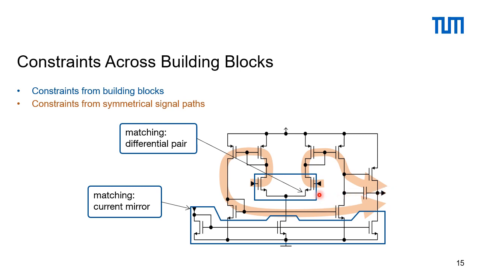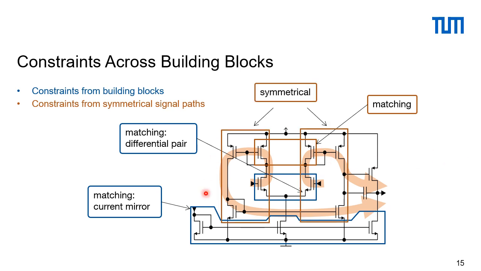So now, as this is a differential signal, we want to have symmetry in order to keep the symmetry in our function. Those signals here should also go along symmetrical structures. Now these are constraints across building blocks, which means those two should be matching, and the whole two things here should be matching. So this is another quality of constraints which come from looking at the circuit structure plus the signal path, right?